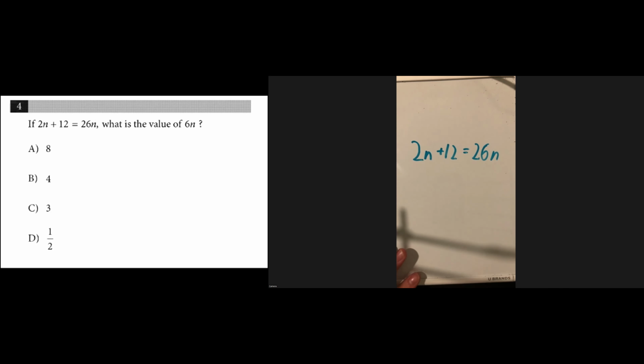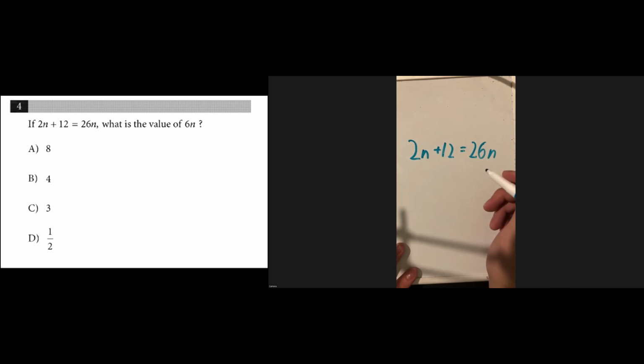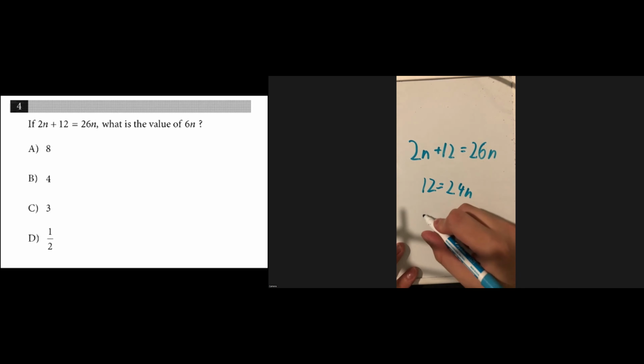So we basically have to find the value of 6n. So let's just find the value of n first. Subtract 2n from both sides. We get 12 equals 24n. Divide by 24, and we get 1 over 2 equals n.